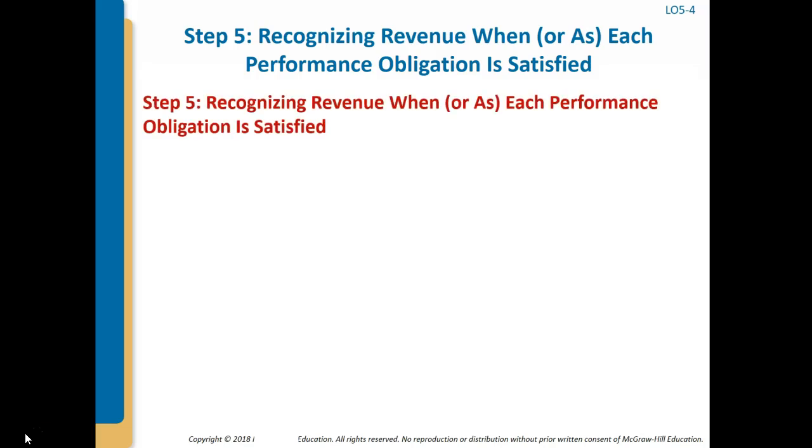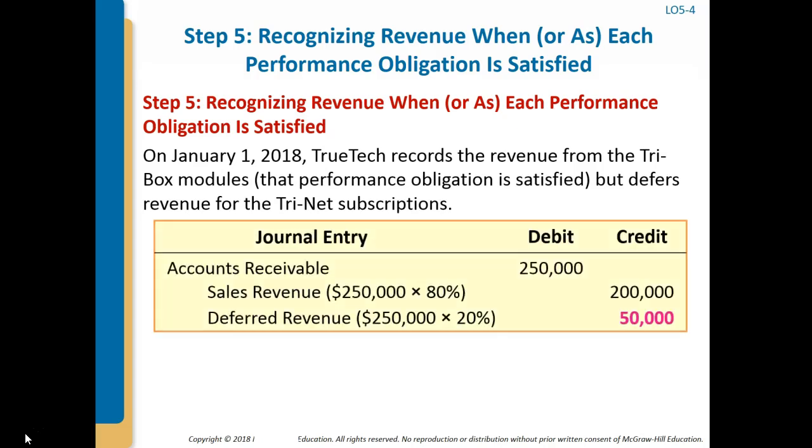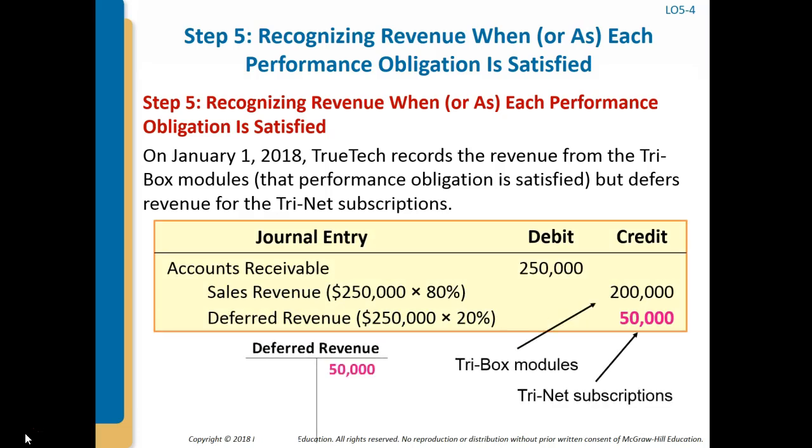Performance obligations can be satisfied either at a point in time or over a period of time, and revenue with respect to a performance obligation is recognized when the performance obligation is satisfied. That timing doesn't depend on whether a performance obligation is the only one in a contract or is one of several performance obligations in a contract.